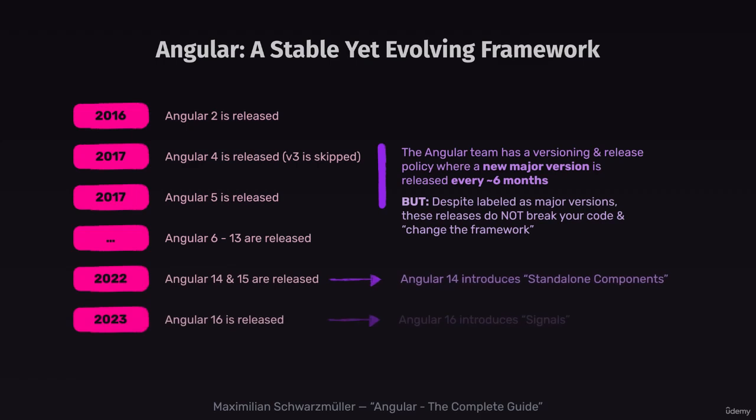There, for example, have been 2 very important Angular releases, the versions 14 and 16, which introduced a concept called standalone components and a concept called signals. And you'll learn all about that throughout the course. I won't explain it here, of course. But it's features like this, which were added as optional features, so which were not a must use, but instead added such that you could also keep on writing code as you always did.